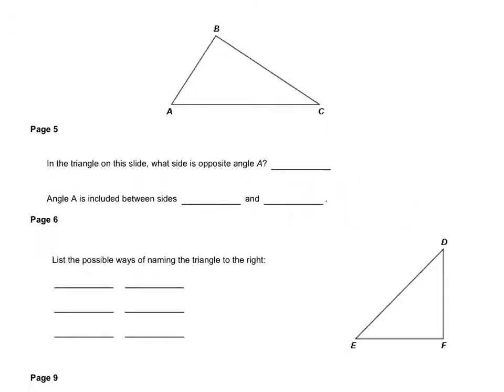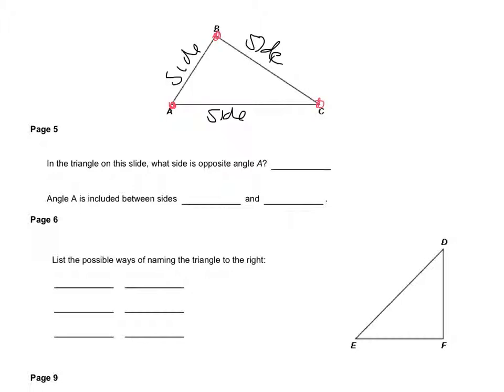So looking at this particular triangle here, if I were to label everything, I would first of all label my sides. And there are 3 of them. The next thing I'll label my vertices. It might help to understand what a vertice is. A vertice is a corner. It's a point.